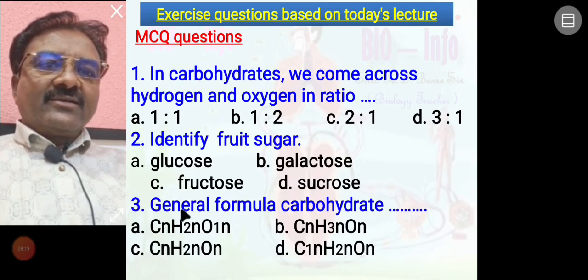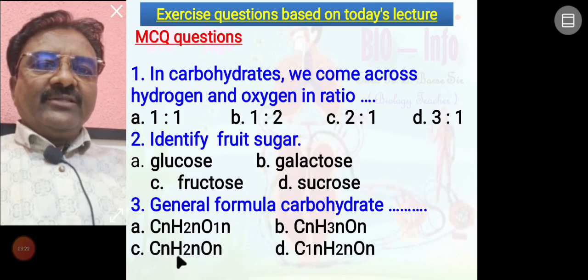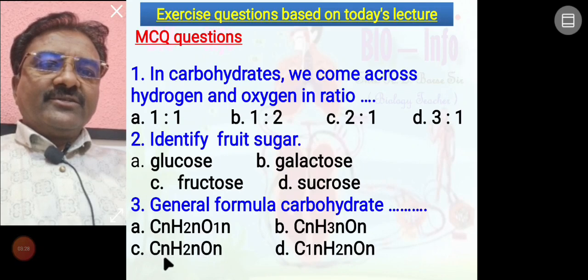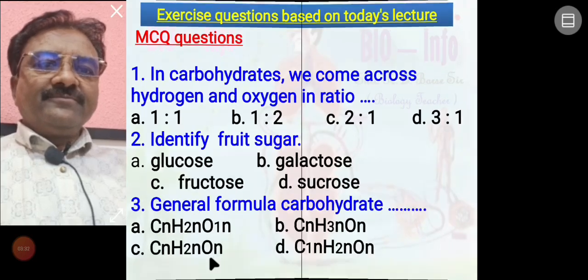The correct general formula of carbohydrate is CnH2nOn, meaning n carbon, 2n hydrogen and n oxygen. So the correct option is C.